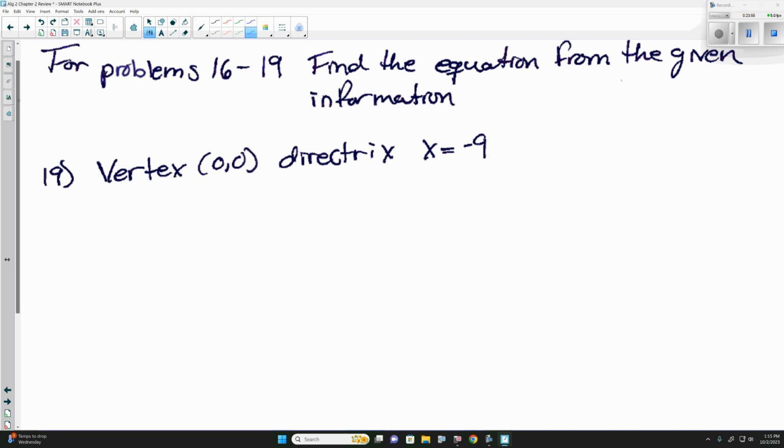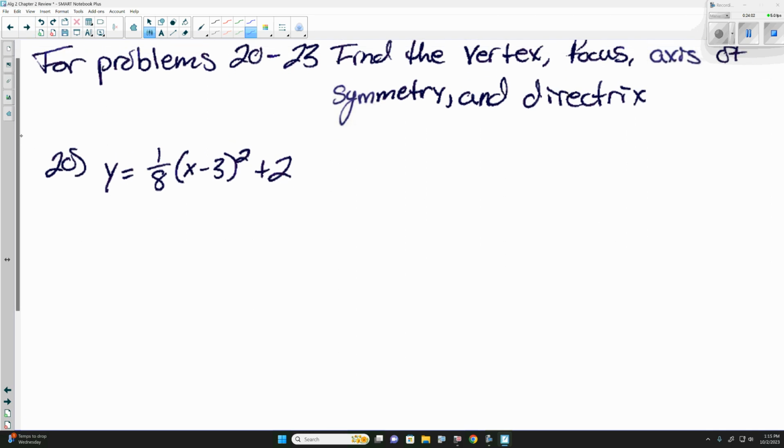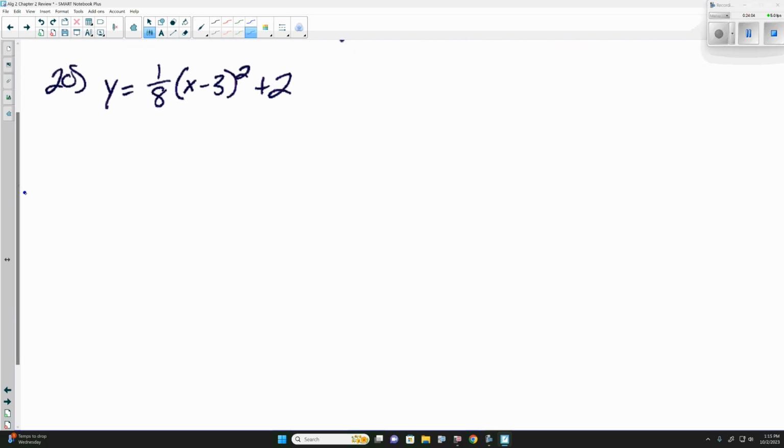Do we need to see another example of 16 through 19? Find the vertex, focus, axis of symmetry, and directrix. And to find that, we need to find the values of h, k, and p. So again, I'm going to match it up to the general form.